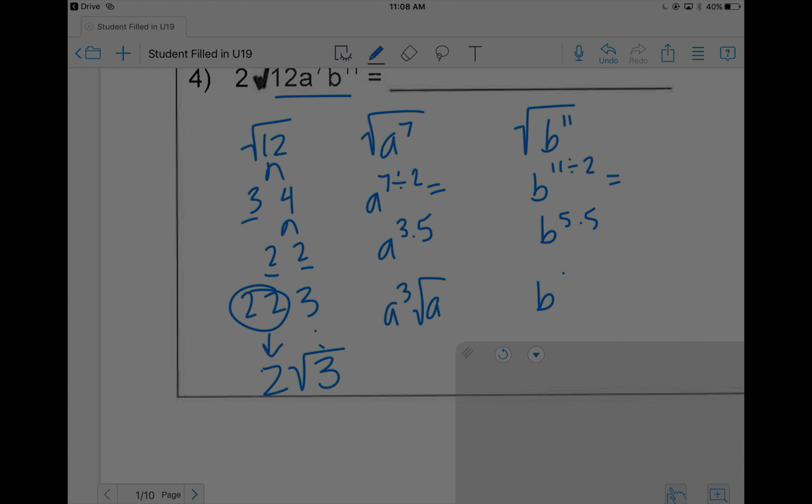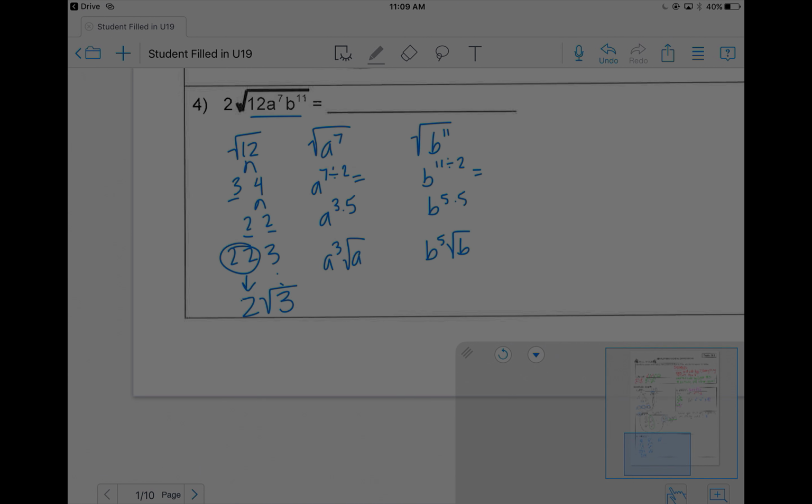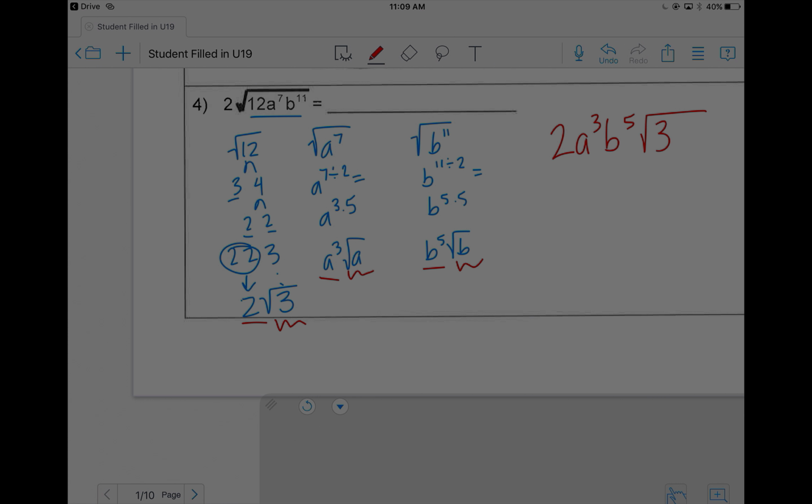So 5 will come outside. 0.5 tells me I have something left inside. So to simplify my square root, I have a 2 outside, a cubed and b fifth all outside. And then under the square root, I have a 3, an a, and a b.